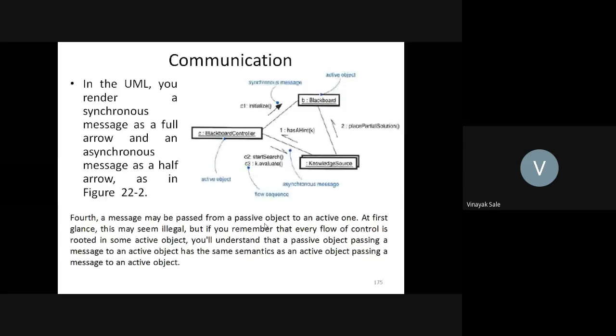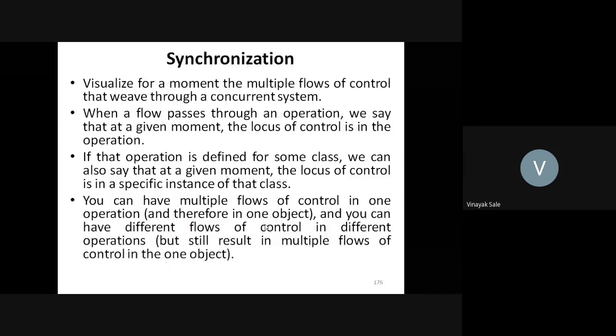Then synchronization. Visualize for a moment the multiple flows of control that weave through a concurrent system. When a flow passes through an operation, you say that at a given moment, the locus of control is in the operation.